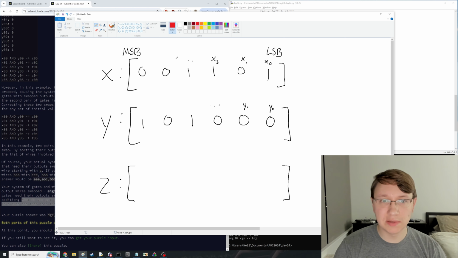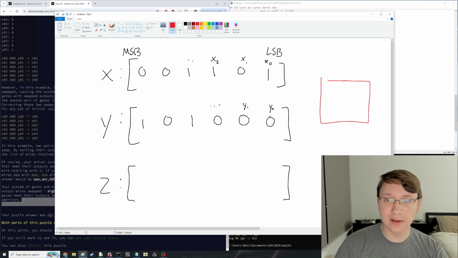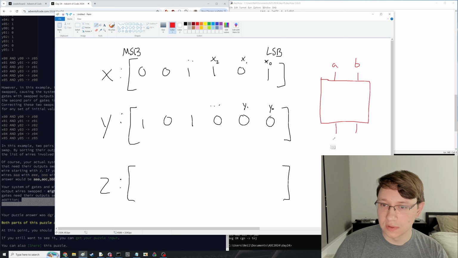So what you would do is you would probably build some circuit that is going to be a black box, or in our case, a red box, and it's going to take in 2 numbers, two bits. And what it is going to compute is it is going to just add these 2 bits, and it will output 2 things. So it'll do the single digit output.